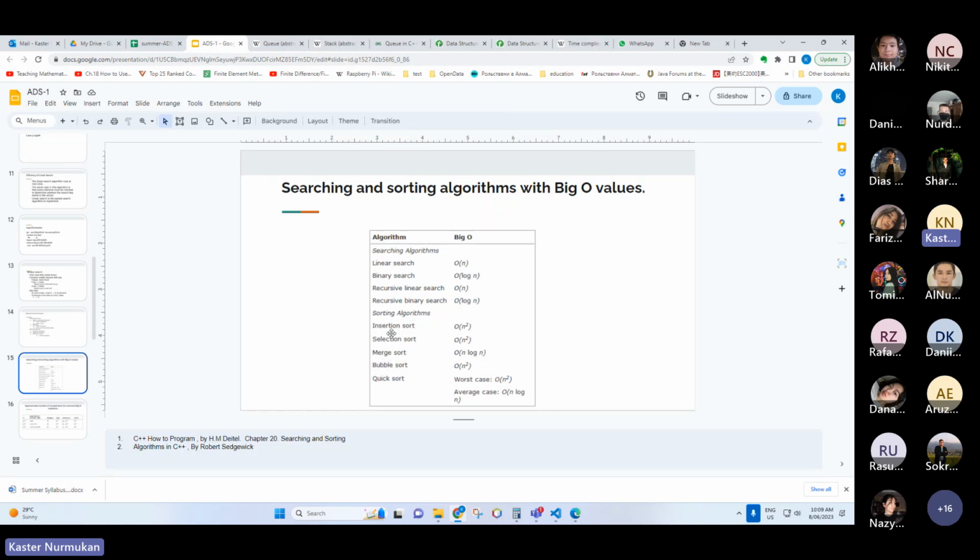And then you can see that we have many sort algorithms, okay?